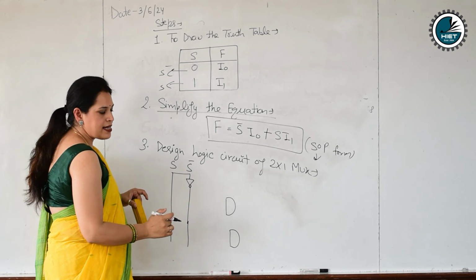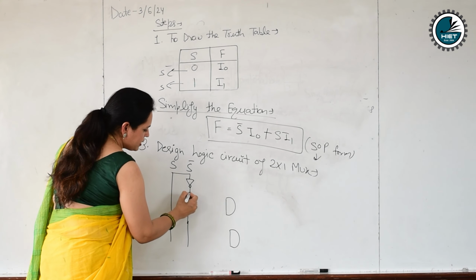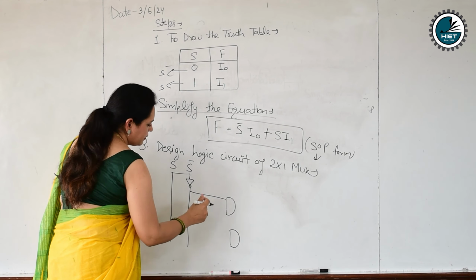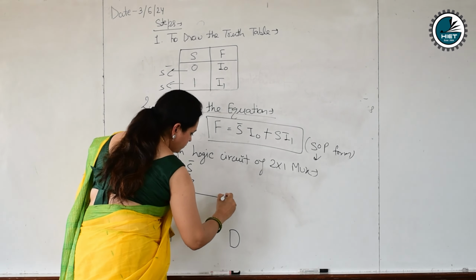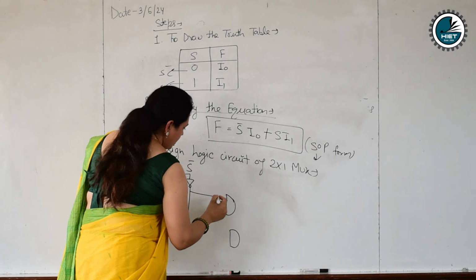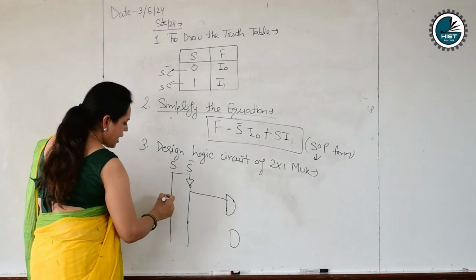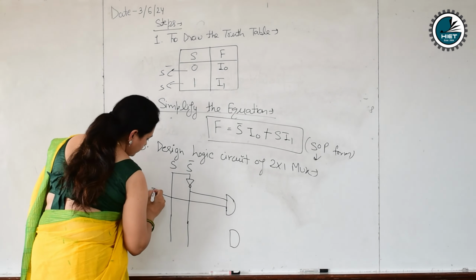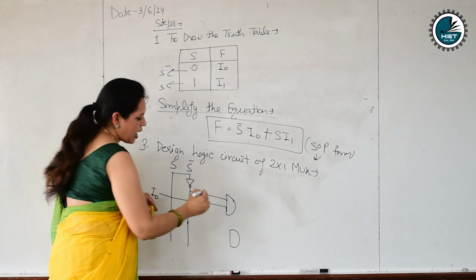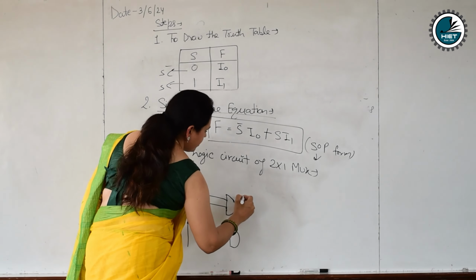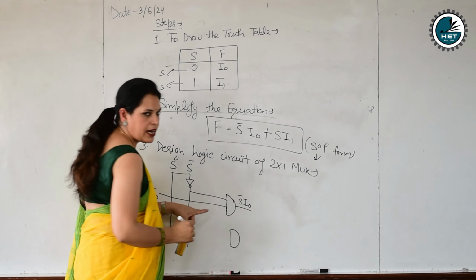First one is your S bar, that means connected to this line. It will provide you S bar. And I0 input, this is I0.